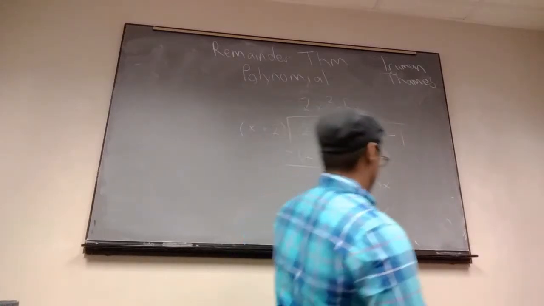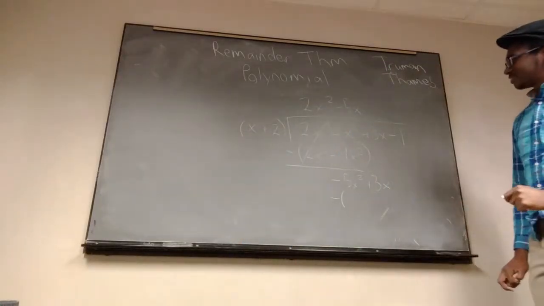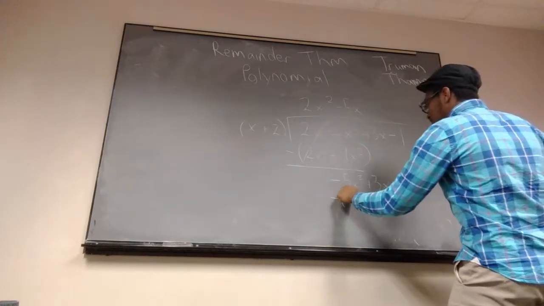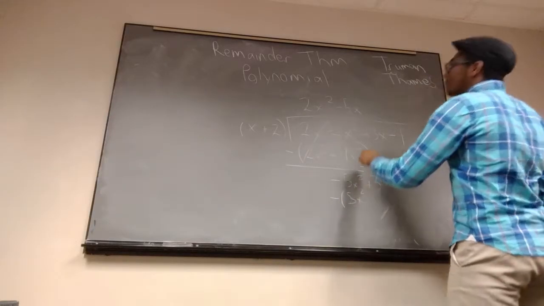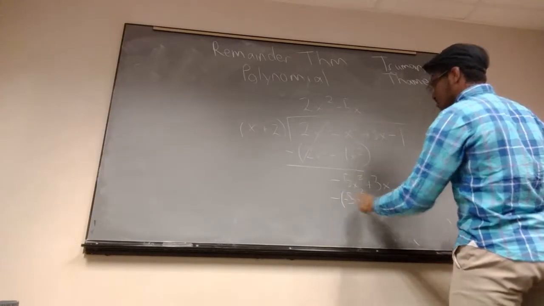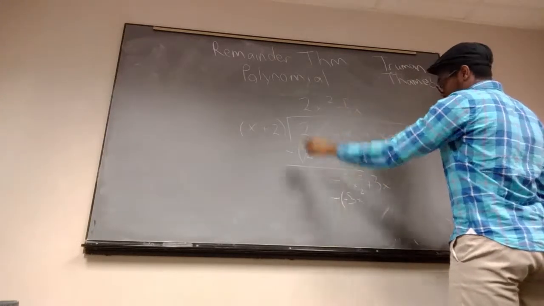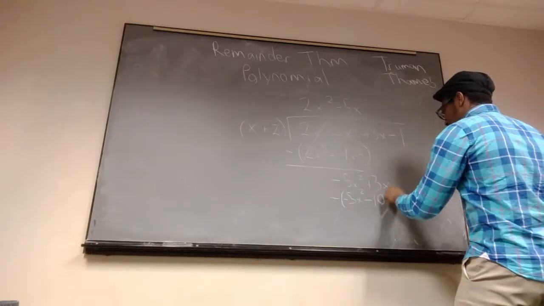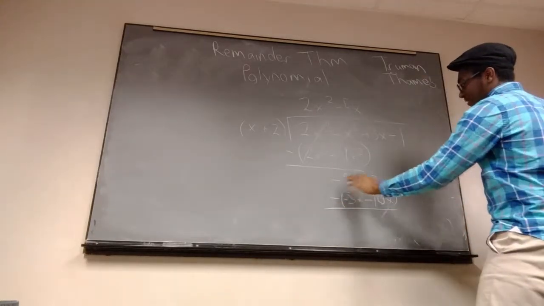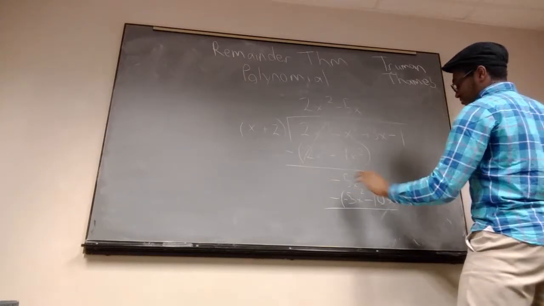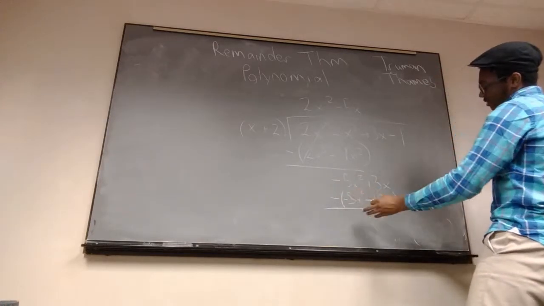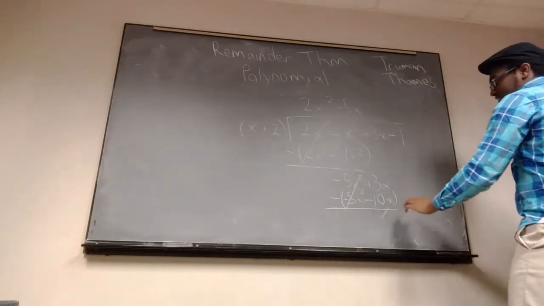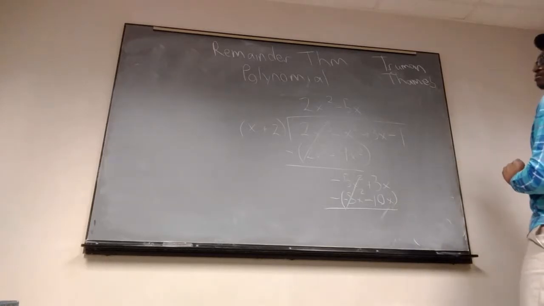And we get minus 5x squared, and then minus 10x. Obviously these are going to cancel out, because minus 5x squared minus minus 5x squared, the minus and positive cancel out. So we have 3x minus minus 10x, so 13x.